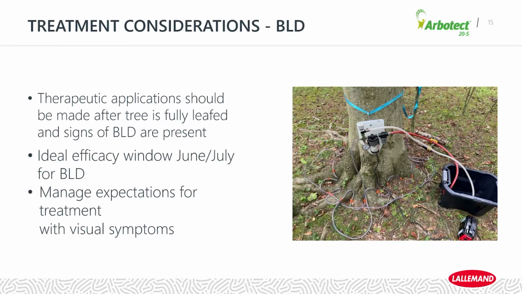And so the reason for the recommendation of treating in that summer window is that you want to target the nematodes when they're present in the leaf tissue before they've started to migrate back to the buds. And so, that's all part of the research that's ongoing with understanding the life cycle of the disease and of the nematodes. So that is why we just want to hit them where we know that they're present in that leaf tissue.